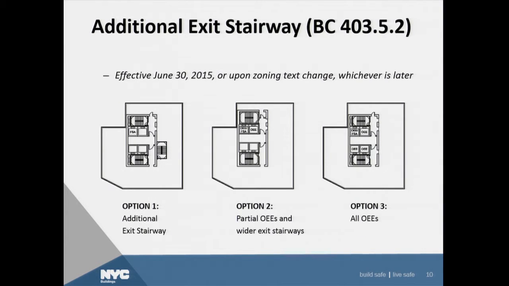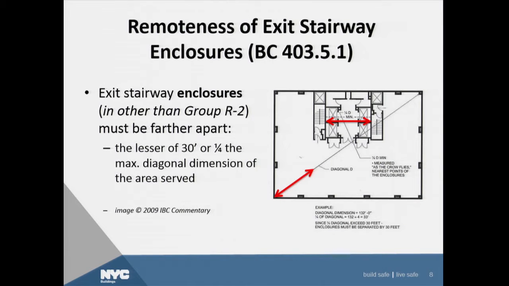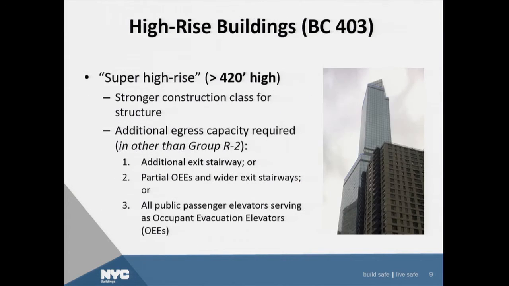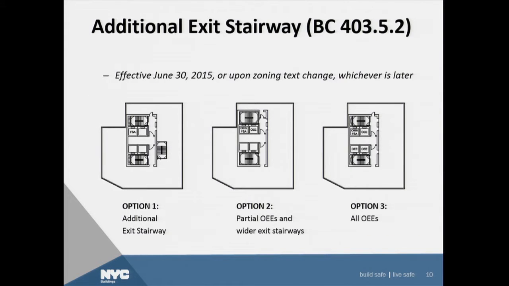So, option one, you see, has the additional exit stairway. And by the way, the third stairway, when it's used, does not have to comply with the previous slide that I talked about. This is only required for two of the stairways. The third stairway does not have to meet this requirement. So option one shows the 3 stairways.